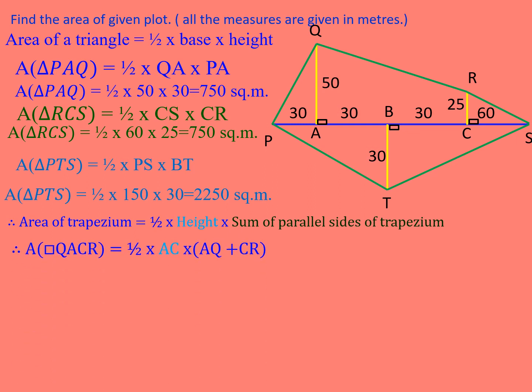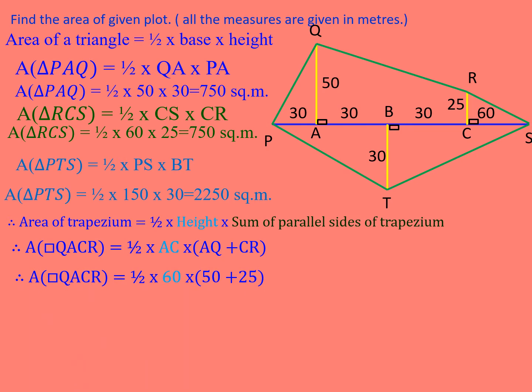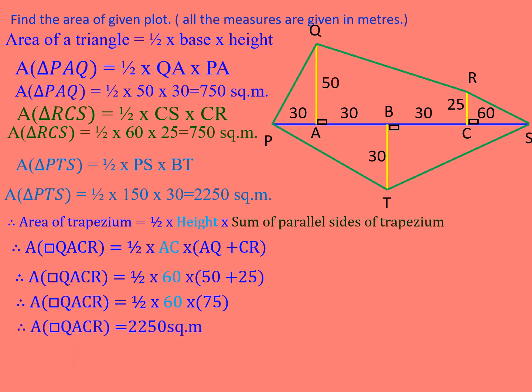So half into AC, and into the sum of the parallel sides, AQ plus RC. When we substitute the values, I get half into 60, where AB plus BC makes AC. So 30 plus 30 becomes 60, into 50 plus 25. Further simplifying, half into 60 into 75. When we simplify further, we get 2250 square meter.